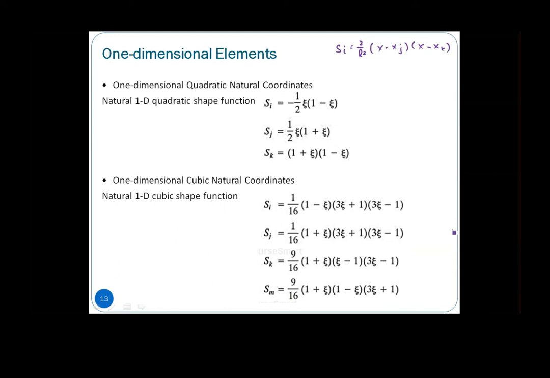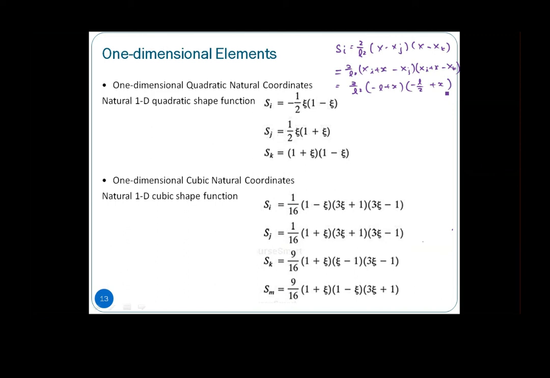Then if you want to convert into local coordinates, we have 2 over L square, then xi plus x, small x, minus xj, then xi plus x minus xk. So it gives us 2 over L square. This xi minus xj is -L plus x. Then xi minus xk is -L over 2 plus x.